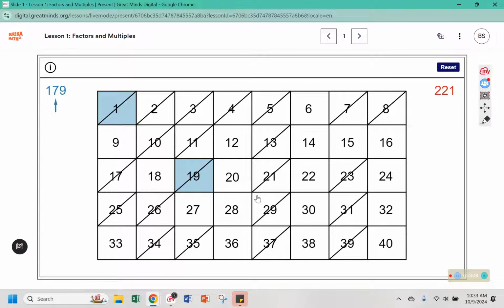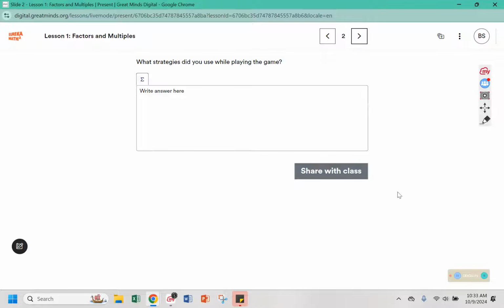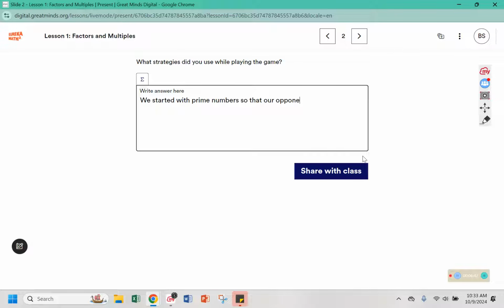So you're going to go back and forth playing this game with a partner or maybe a parent at home. The strategies we used: we started with prime numbers so that our opponent wouldn't have factors to earn points.